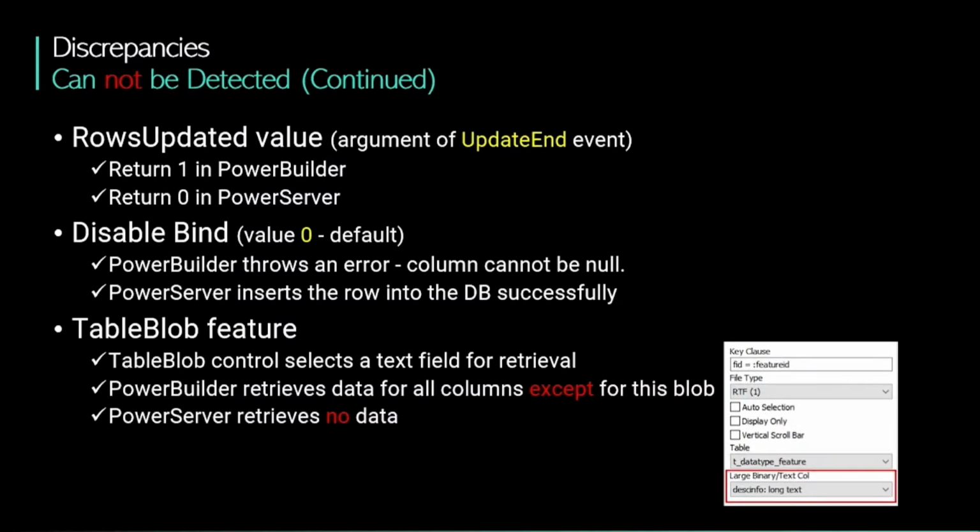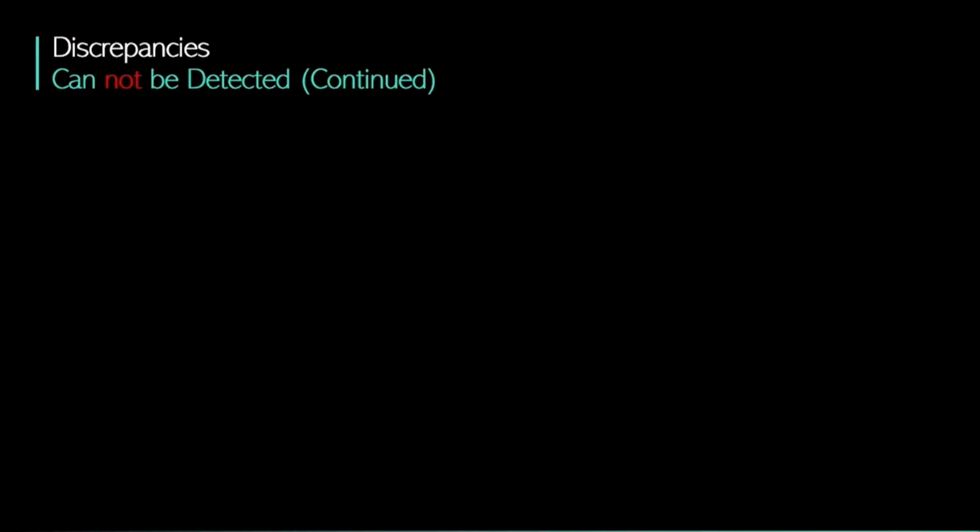So obviously, when you don't get any data presented on the screen, that's probably something obvious within unit testing, where you have to go back and have a look at the table blob mapping and see whether it actually maps to a binary large object column, such as varbinary, or is it mapped to a column of type text, for example, in ASE or SQL Server, which of course is not quite the same as a binary blob.